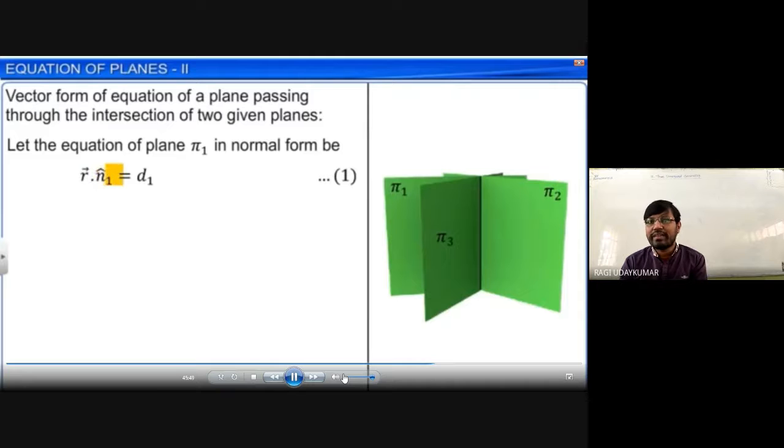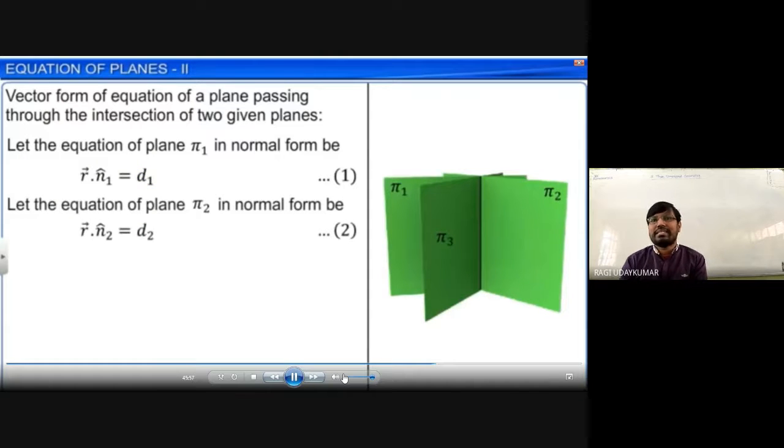Here n1 cap is normal to the plane pi 1, and d1 is the distance from the origin, because n1 cap is written, so it is a unit vector. Let the equation of plane pi 2 in normal form be R bar dot n2 cap is equal to d2.